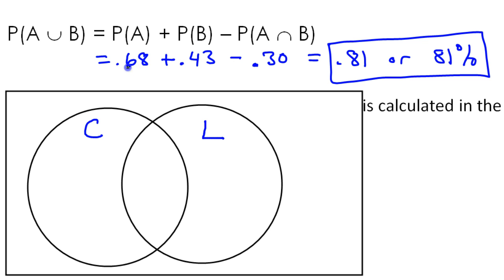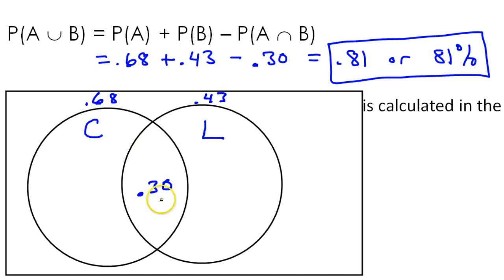The probability that you like Cherry Coke was 0.68, so I'm going to temporarily put that right here. The probability of liking the lemonade was 0.43. But the overlapping part is 0.30. Now, I cannot put the 0.68 out here by itself. The 0.30 and whatever goes out here has to add up to 0.68.